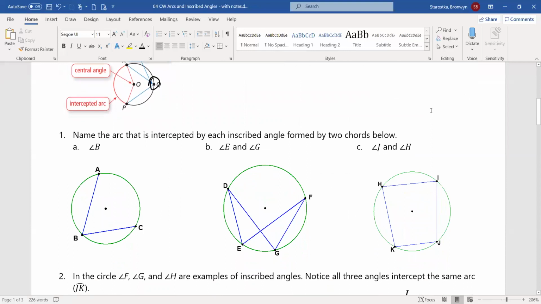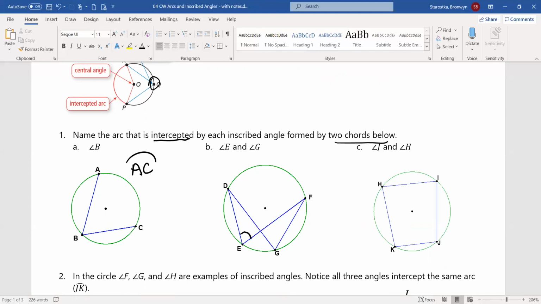Question 1, name the arc that is intercepted by each inscribed angle formed by the two chords below. So we've got chords AB and CB. We've got angle B, and so the arc that's intercepted is arc AC. We've got angle E right here.